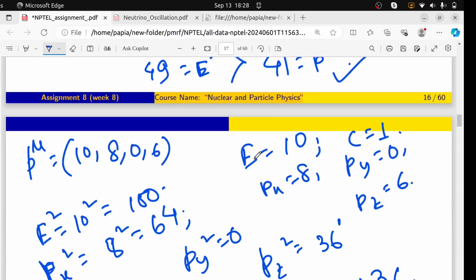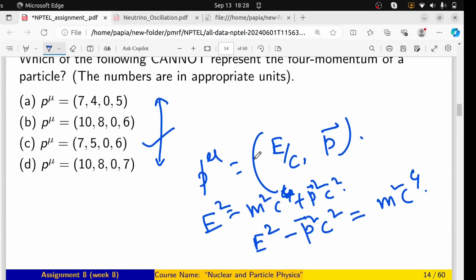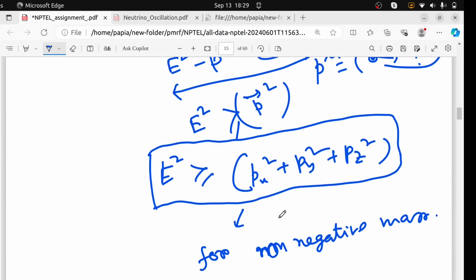So, of the following options, C also cannot represent the forward momentum of the particle, and D also cannot represent the forward momentum of the particle. Okay, so I hope you can understand this question, because mainly we have to focus on E square being greater than or equal to Px square plus Py square plus Pz square.